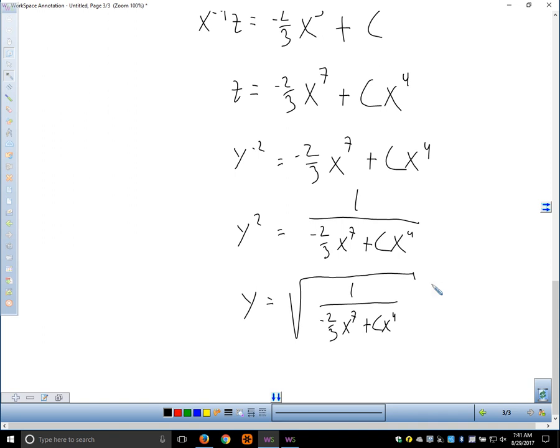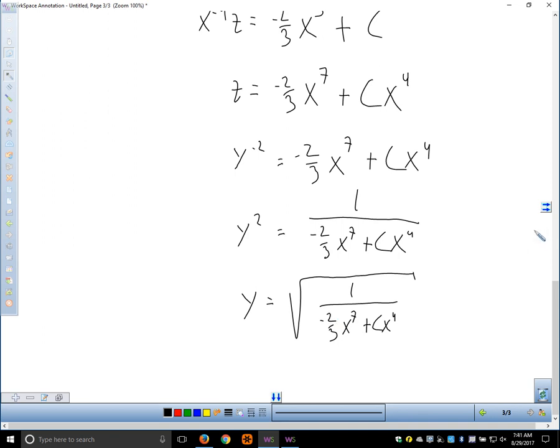Nonlinear differential equations tend to have complicated solutions. Now we're done. The several steps of the Bernoulli equation add an extra layer to these problems.